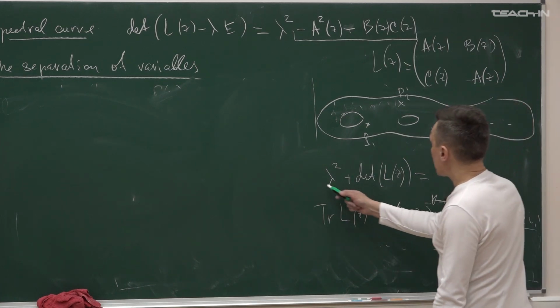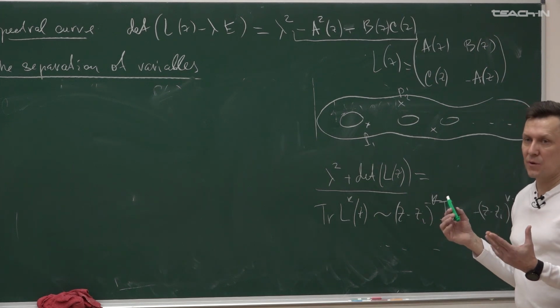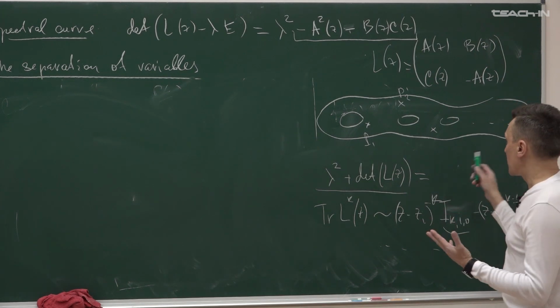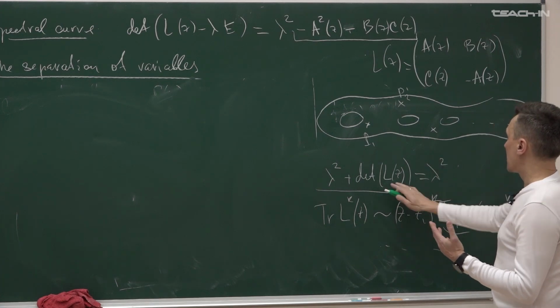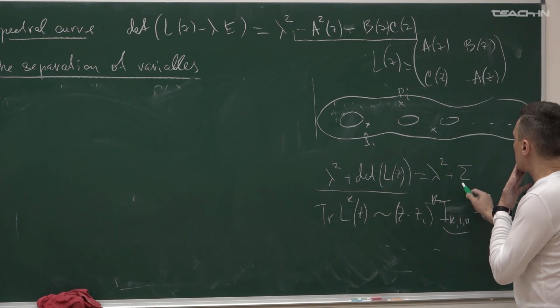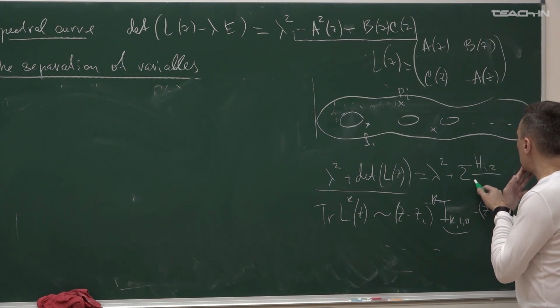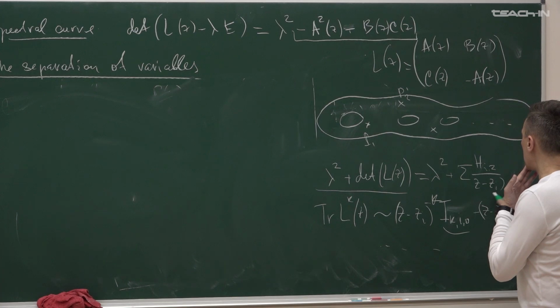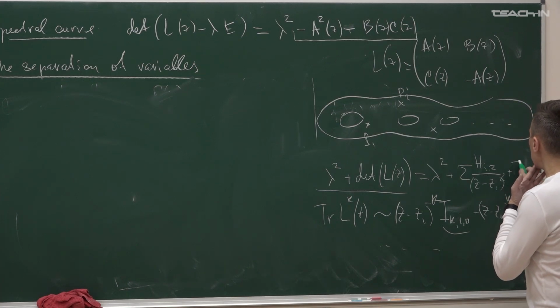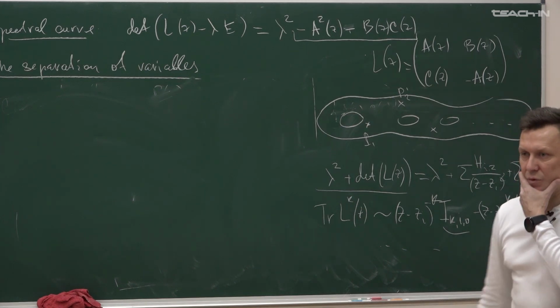Now we can consider the coefficients of this characteristic polynomial. They are also rational functions on z. So it is lambda square plus the sum of h_{i,2} over (z minus z_i) square plus the sum of h_{i,1} over (z minus z_i) of the first order.